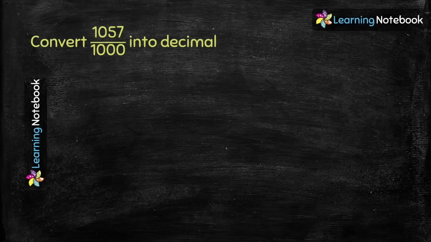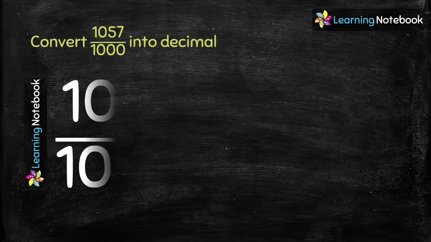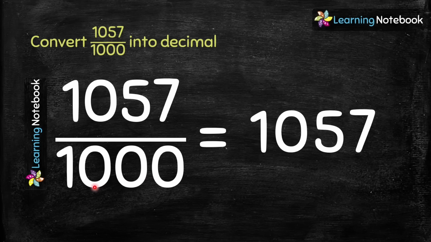Now the next question is, convert 1057 upon 1000 into decimal. So first we will write the numerator 1057 as the number. Now there are 3 zeros in the denominator, so we will put a decimal point at 3 decimal places.